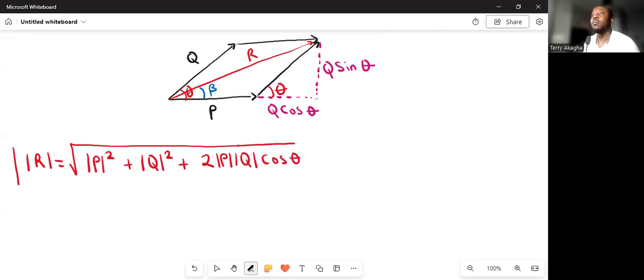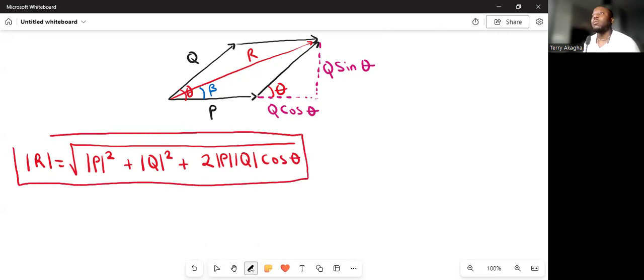So this is the first formula that you need to know when you're solving with the parallelogram. Okay? So that is how you do it.